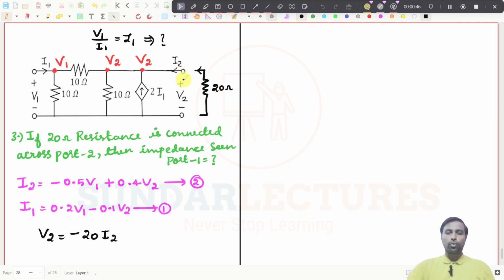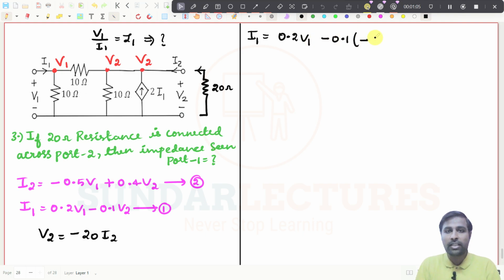And now what you do? You just substitute this in equation number 1. So what will you get? I1 will be equal to 0.2 V1 minus 0.1 into minus 20 I2, right? Minus 20 I2.